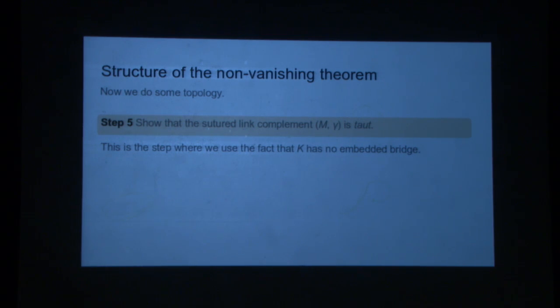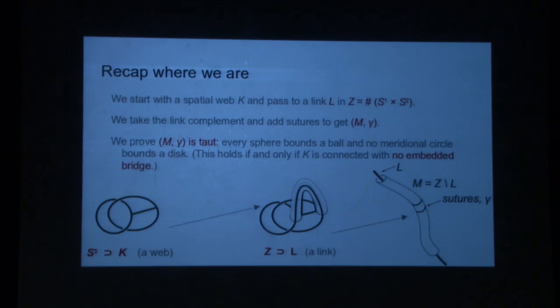There's a topological step here needed to move on with applying Gabai's techniques, which is to show that this link complement as a sutured manifold is what Gabai calls taut. This is a step where we use that there is no embedded bridge. In fact, this sutured manifold is taut if and only if the original web has no embedded bridge.